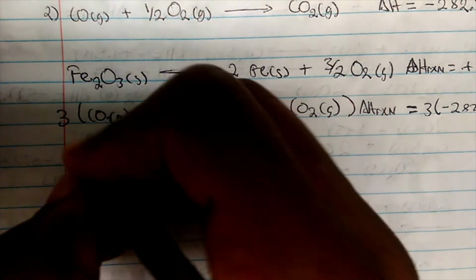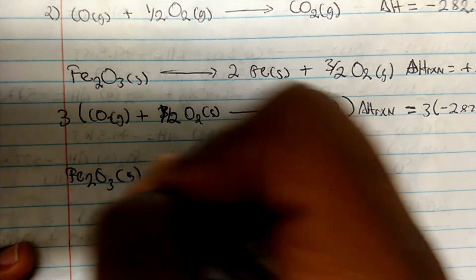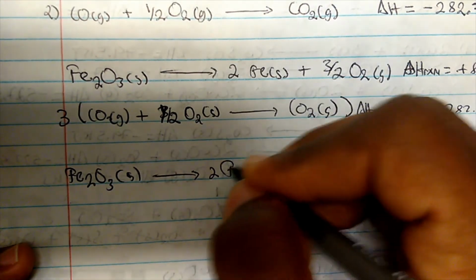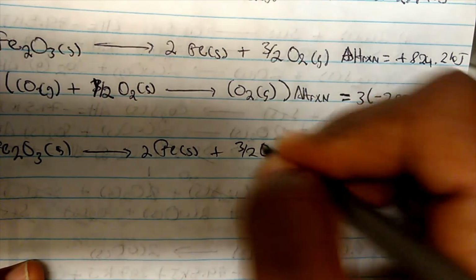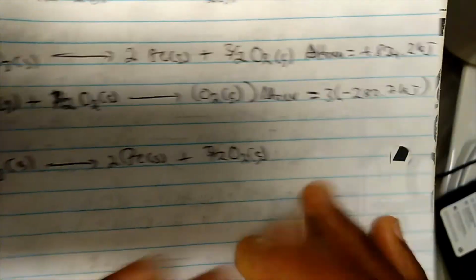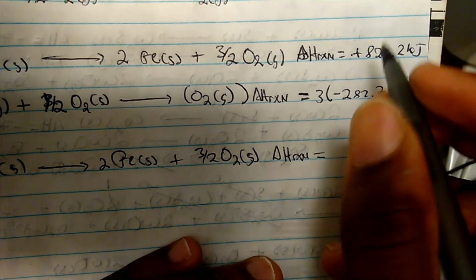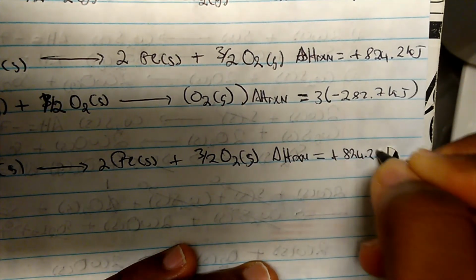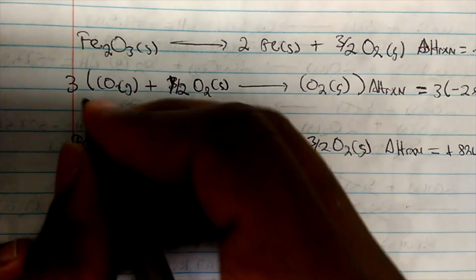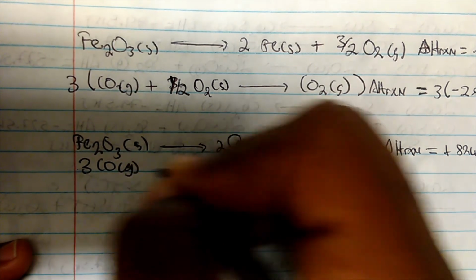Okay, so if I rewrite this, I have Fe2O3 as a gas going to 2 moles of iron solid plus 3.5 moles of oxygen gas. And we know the delta H of this reaction is plus 824.2 kilojoules.